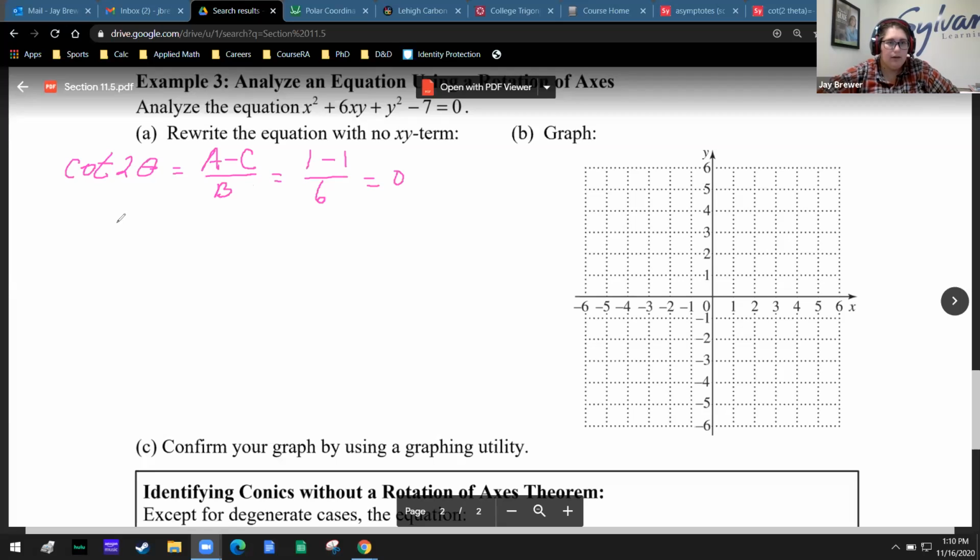All right, so now we have 2 theta is equal to the cotangent inverse of 0. So what's 2 theta going to equal? What's the cotangent inverse of 0?